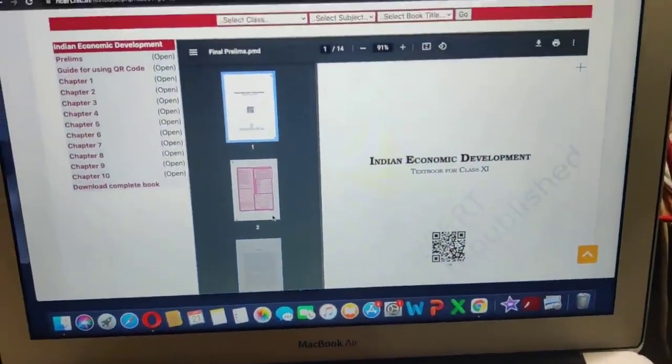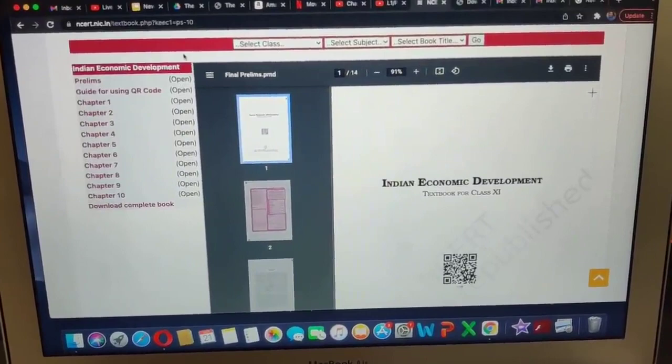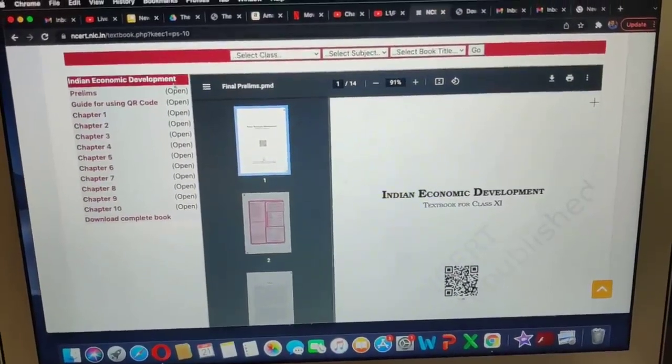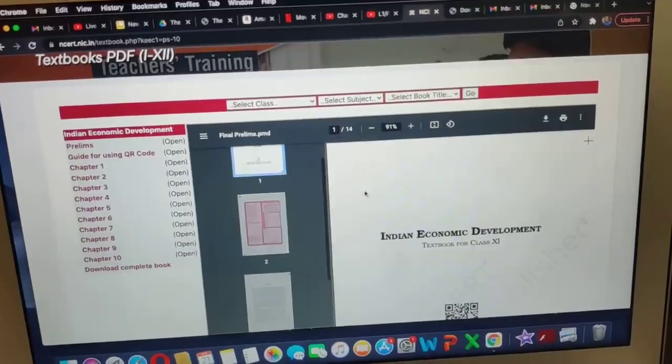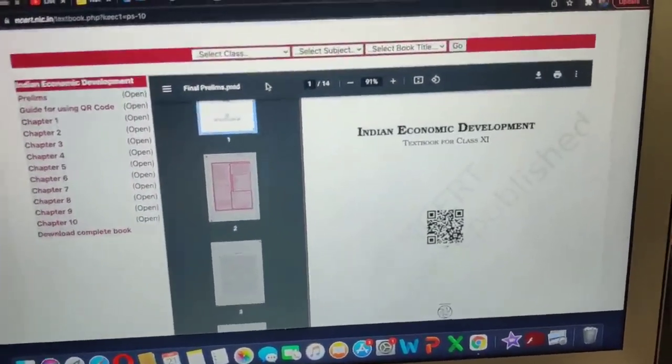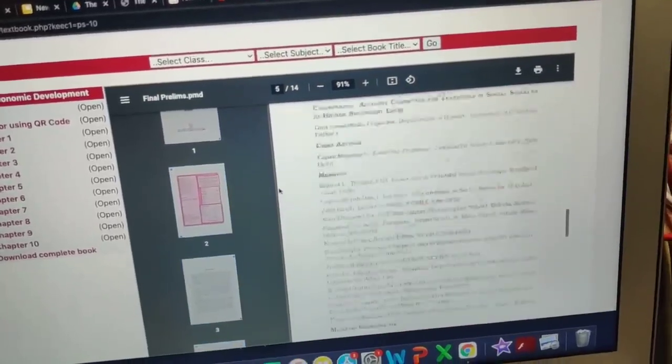I will show you. If you come to the NCERT website, you can go and select the class, and this 11th class book will come. In this book, I will show you the table of contents.